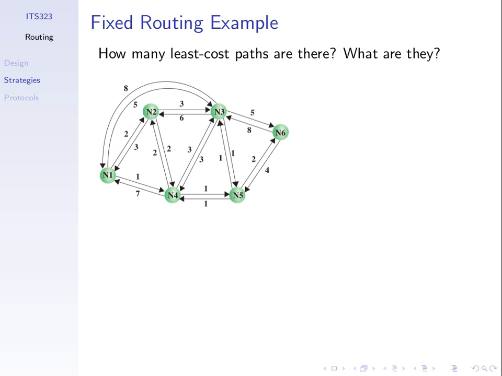If we know from 6 to 1 is via 5, 4, 2, then we know 6 to 2 is 6, 5, 4, 2. Node 3 we don't automatically know, but node 4 we do, 6, 5, 4. Node 5, 6, 5. Node 3 you can calculate. What is it? 6, 5, 3, I think.